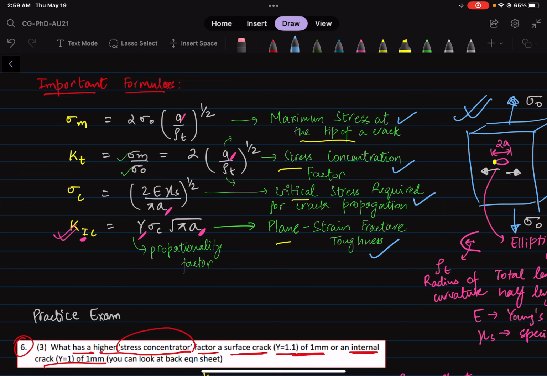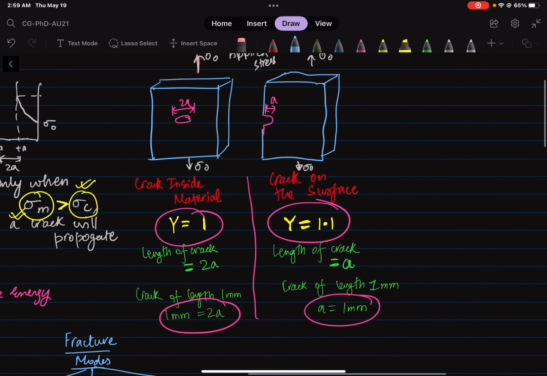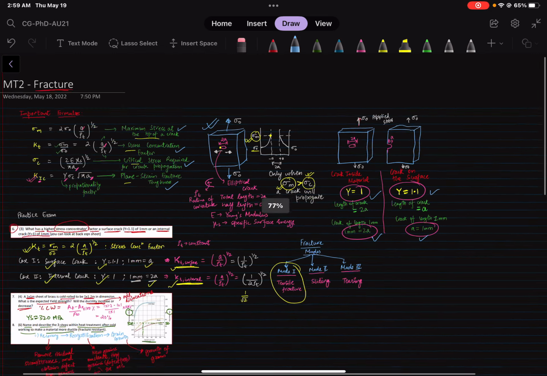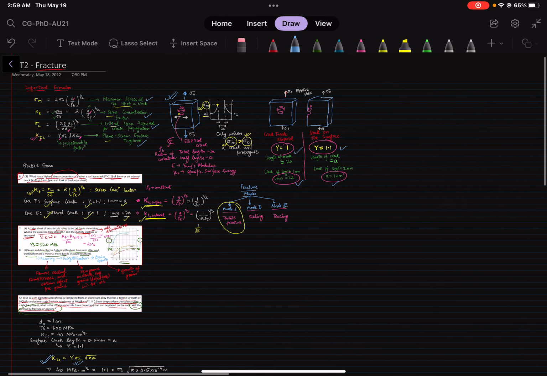It's not I, it's 1. Always remember. And then the two different types of cracks, not types, but rather locations, crack internally and the crack on surface, have different Y values and different crack length values, right? So this was some information and practice problems for fracture.